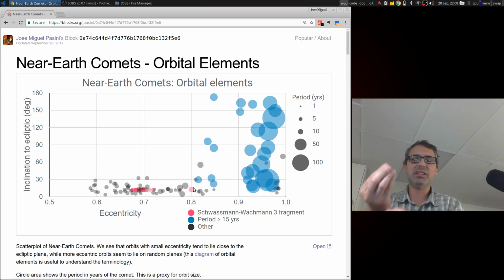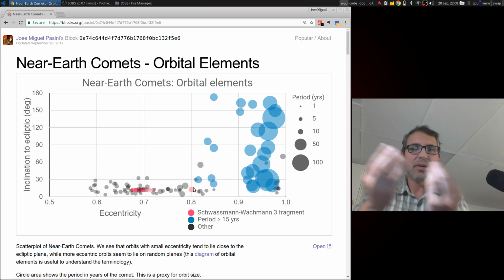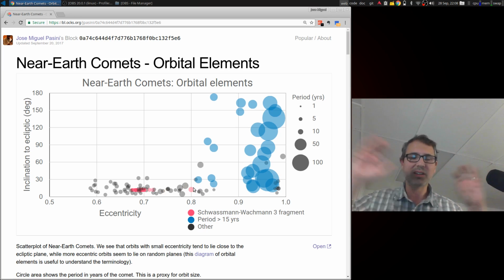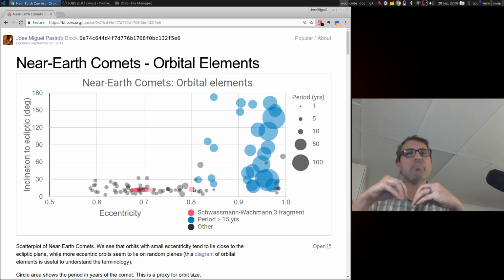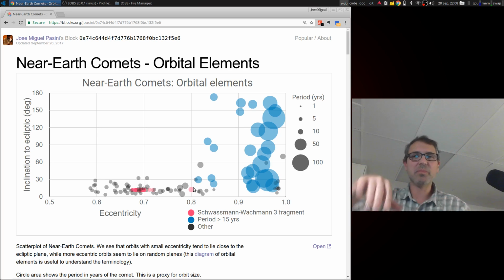So this was a single object that then fragmented, and now the objects are in different orbits, but the parameters of those orbits have some memory of where they came from. It would be interesting to just try out the math.